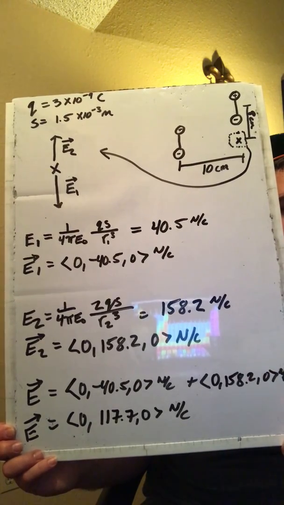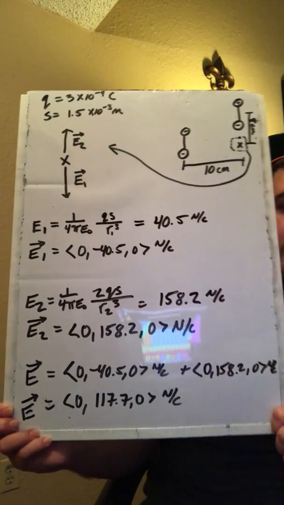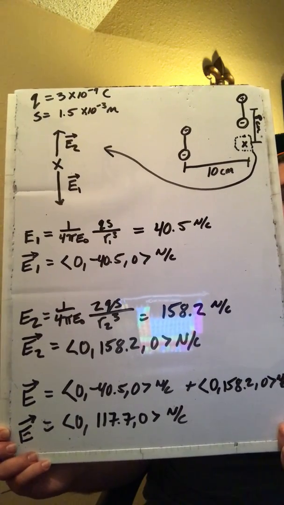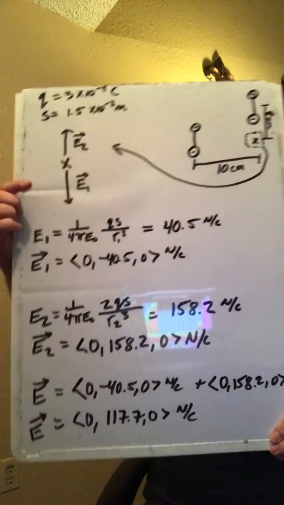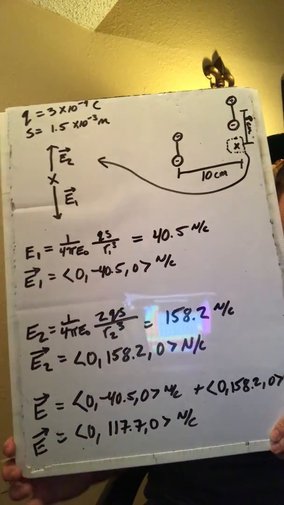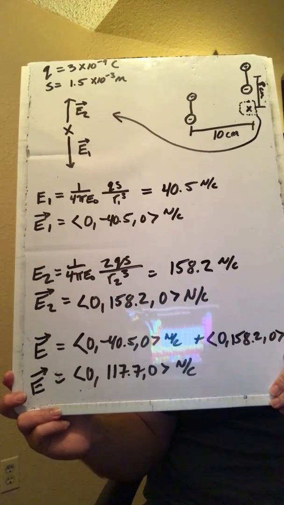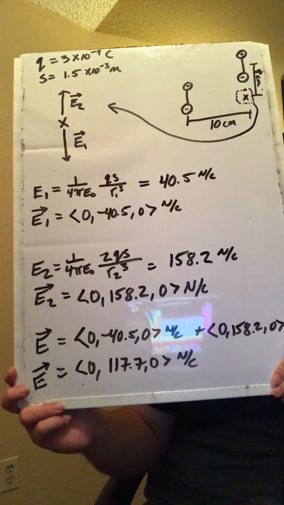Doing all that math, we get 40.5 newtons per coulomb. Put into vector form, taking into consideration the downward pull, that gives us 0, negative 40.5, 0 newtons per coulomb.